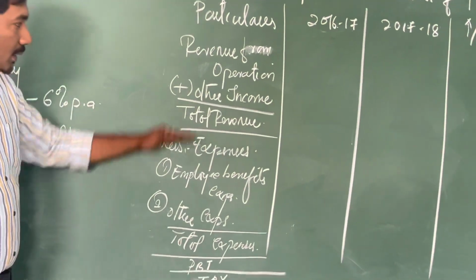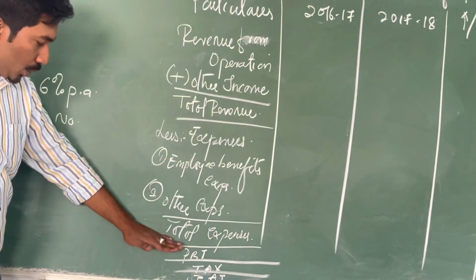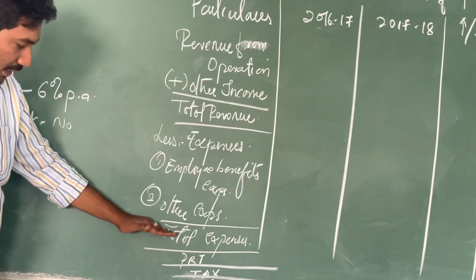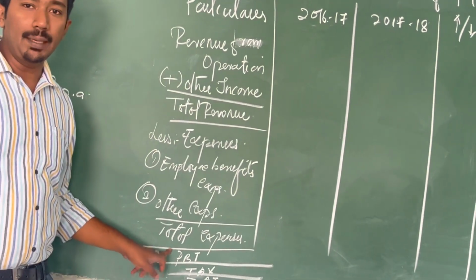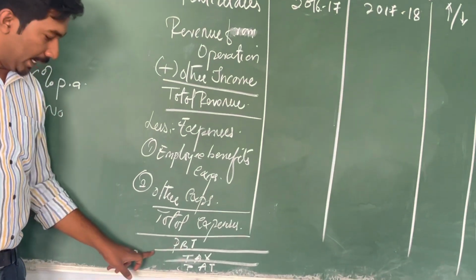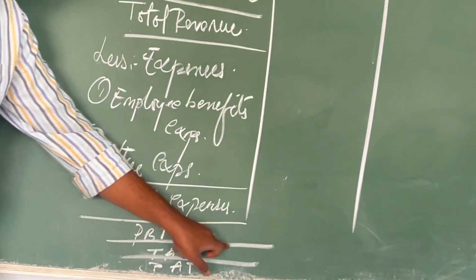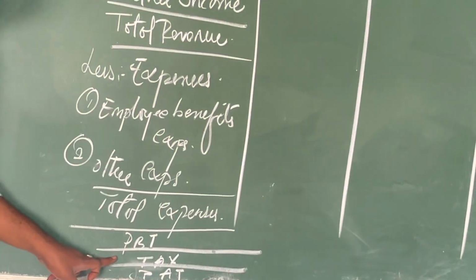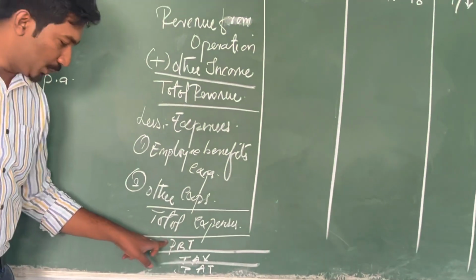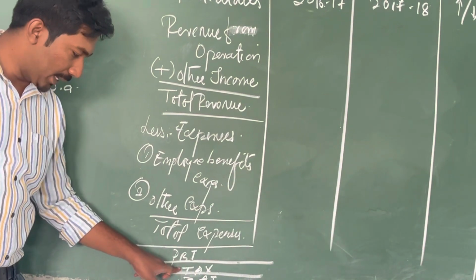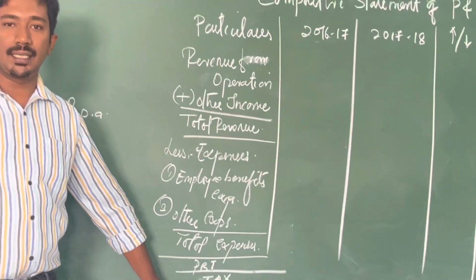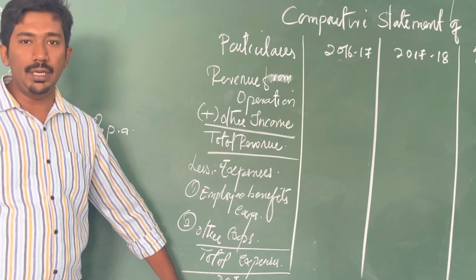So total this, total revenue, total expense, and this minus this, if you do, you will get profit before tax. Then tax, if a tax percentage is given, calculate that percentage and write down that amount, and if you minus the tax from PBT, you will get the last answer as PAT, profit after tax.